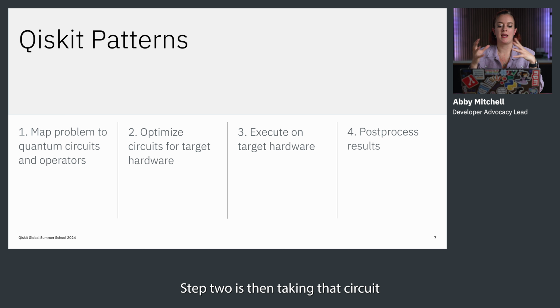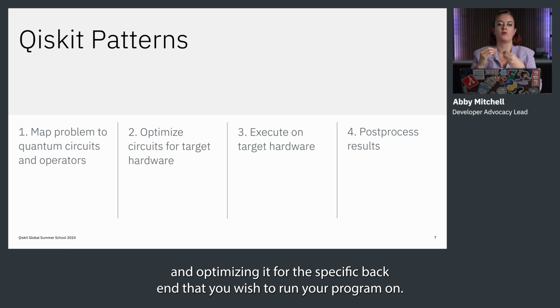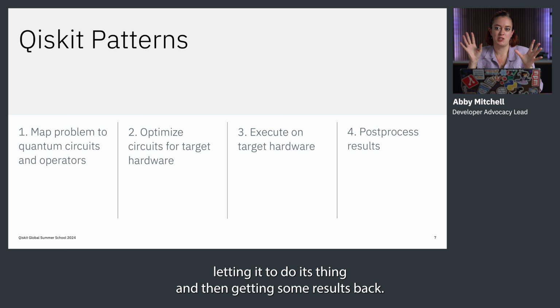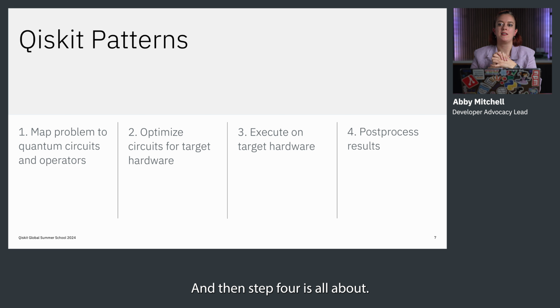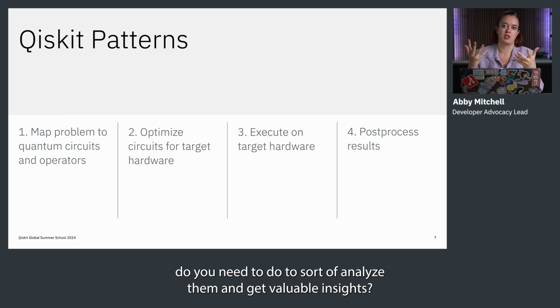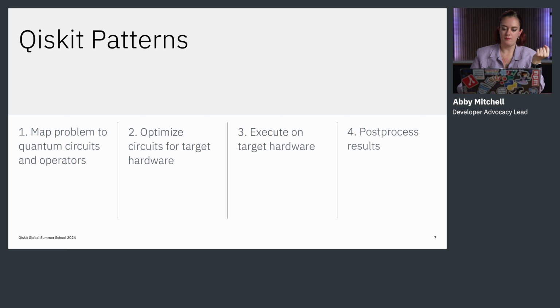Step 2 is then taking that circuit and optimizing it for the specific backend that you wish to run your program on. Step 3 is then sending it to the quantum computer, letting it do its thing, and then getting some results back. And then step 4 is all about, now that you have these results, what post-processing do you need to do to analyze them and get valuable insights.